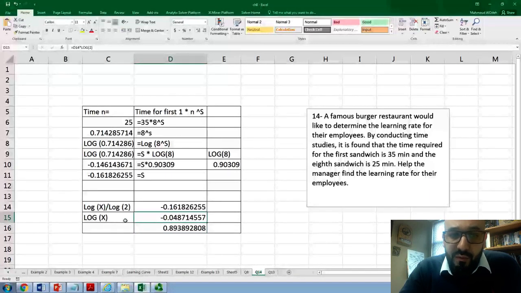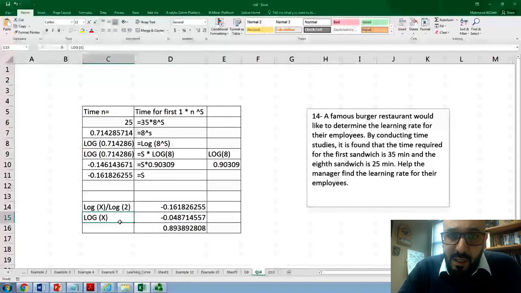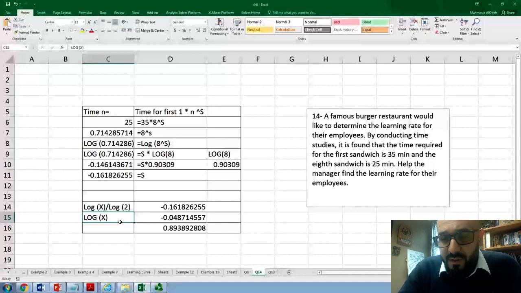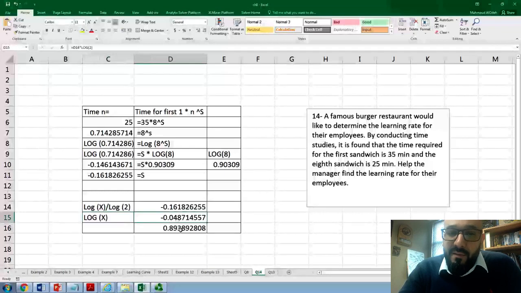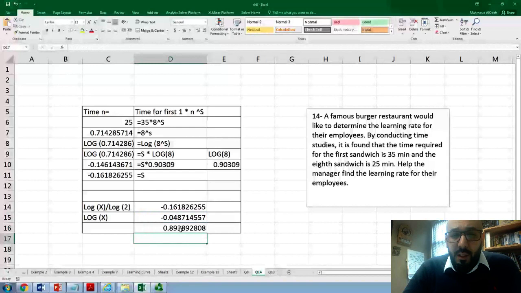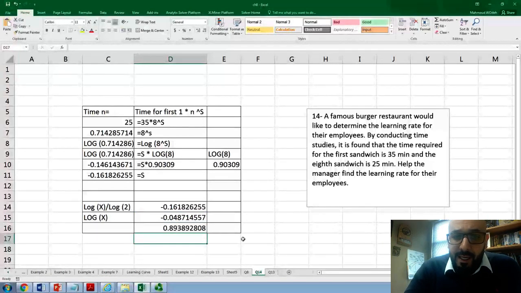In order to solve this equation for x, you say 10, because this log is to the base of 10. So you say 10 to the power of negative 0.048. That would give us a learning curve of 89.3%.